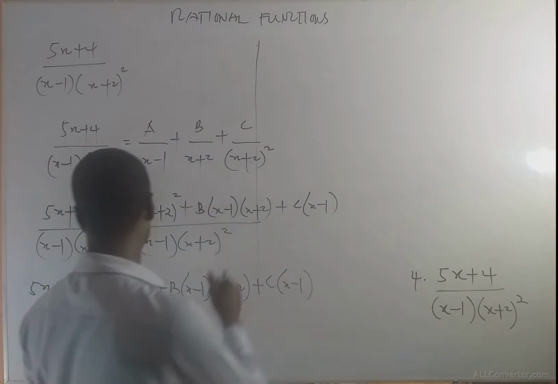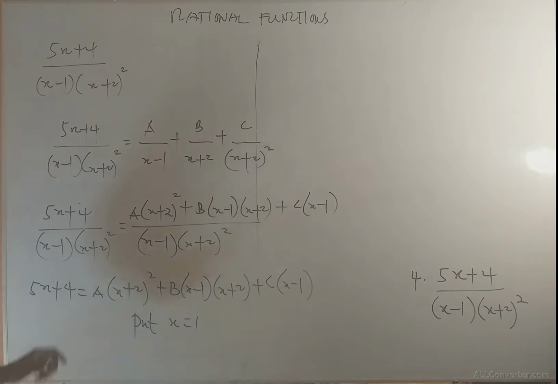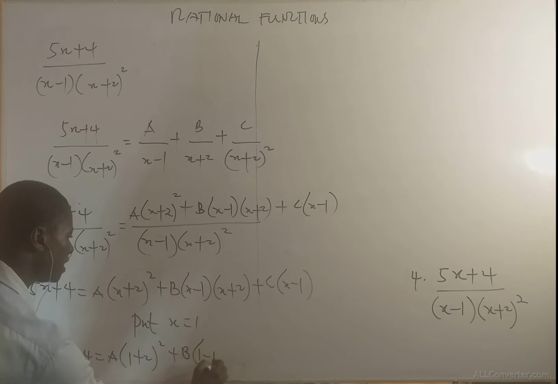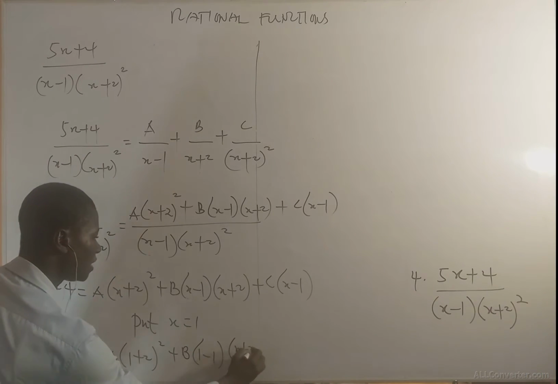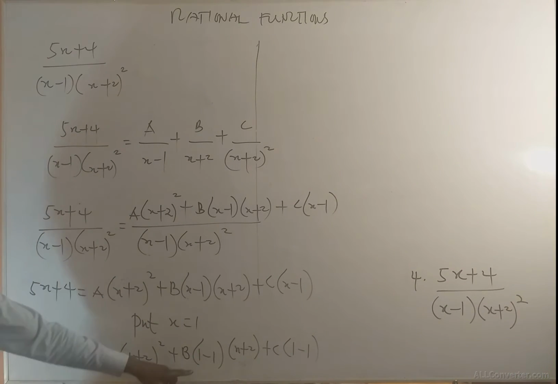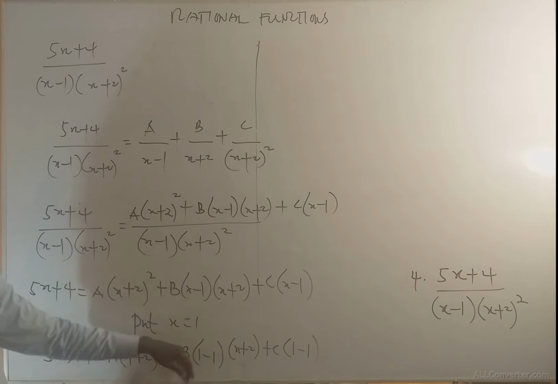And so a step down, we are saying that x should be equal to 1. So we are going to have 5 times 1 plus 4 equals A into bracket 1 plus 2 all squared. Here we have B times 1 minus 1, then x plus 2, then we have C times 1 minus 1. So take note that because of the 1 minus 1, which is 0, 0 times x plus 2 times B will give us 0. So B is gone.